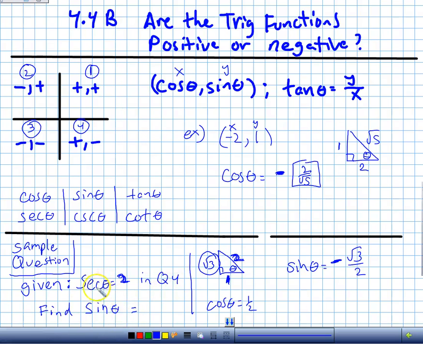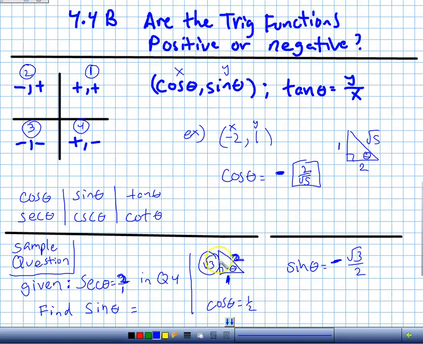Well, secant being 2, we can put a 1 underneath the 2, and if secant is equal to 2, that means that its reciprocal is equal to 1/2. So cosine is equal to 1/2.